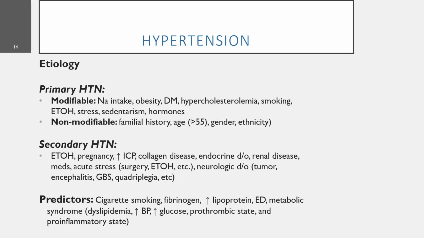Prothrombotic state, hypercoagulability state. A prothrombotic state, also known as hypercoagulability state, refers to a condition characterized by an increased tendency towards blood clotting or coagulation within the bloodstream.